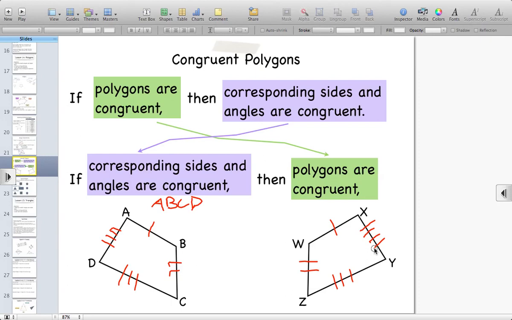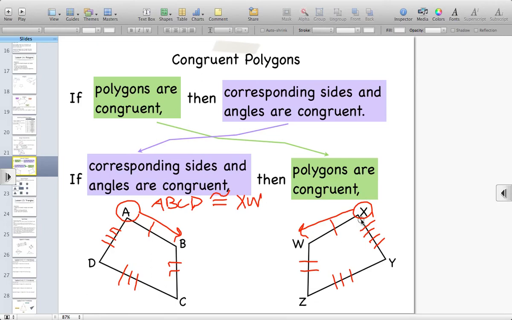And so I want to write that they are congruent. So use the equal sign with the little squiggle on top. But when I go to list the second polygon, I have to write it in the order of what's congruent. So if I started with A and went towards B, that means I need to start with X and go towards W. The reason is I need to make sure that the congruent vertices match up.